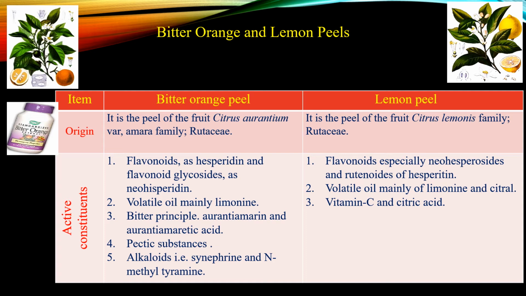Lemon peel contains flavonoids, especially neohesperidin and rutinosides of hesperidin. Rutinoside is a glycoside of hesperidin. It also contains volatile oil, mainly limonene and citral, vitamin C, and citric acid.